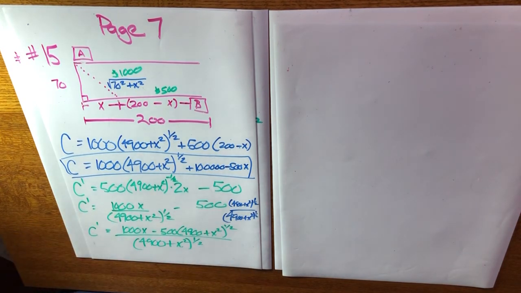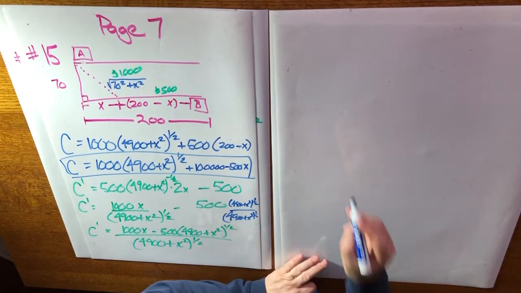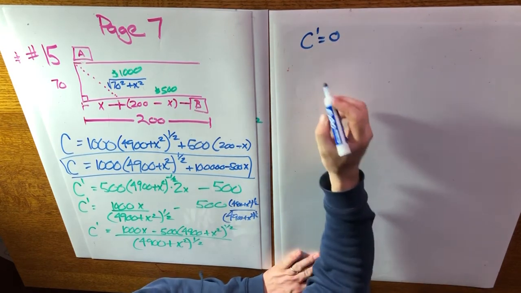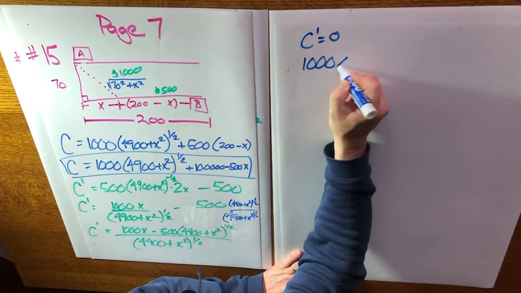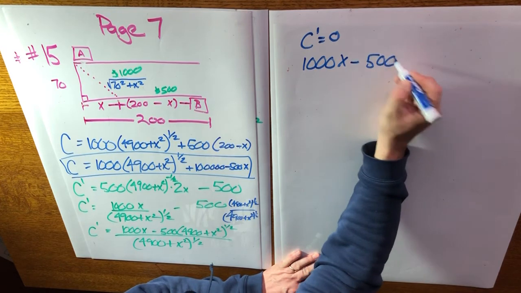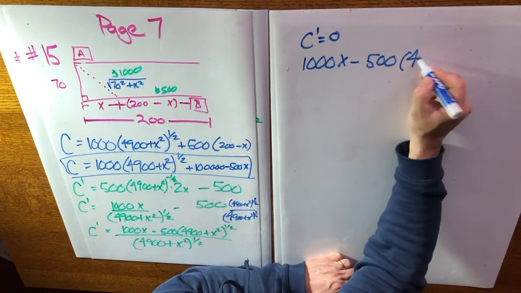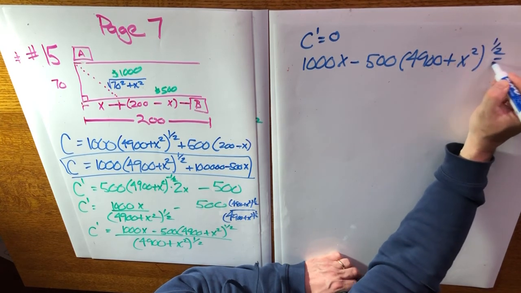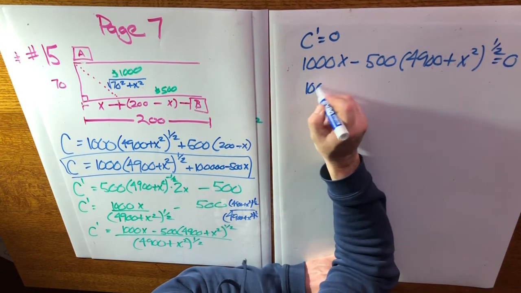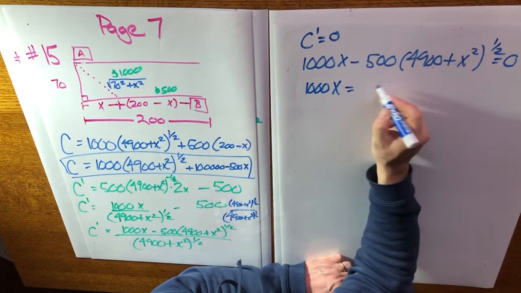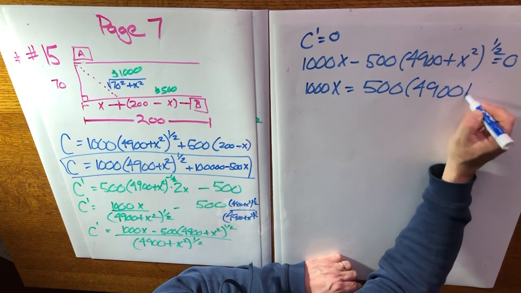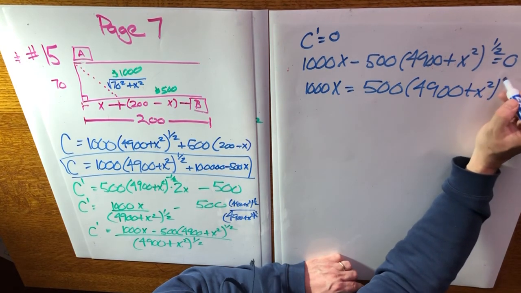So I'm going to take it from there and set it equal to 0. Oh, excuse me, I've already taken the derivative of it. I'm going to take the derivative and set it equal to 0. So 1,000x minus 500 times (4,900 plus x squared) to the 1/2 all equals 0. 1,000x equals 500 times (4,900 plus x squared) to the 1/2.